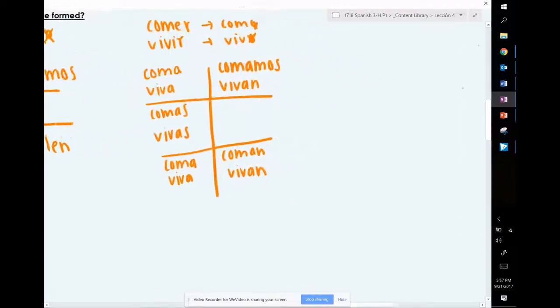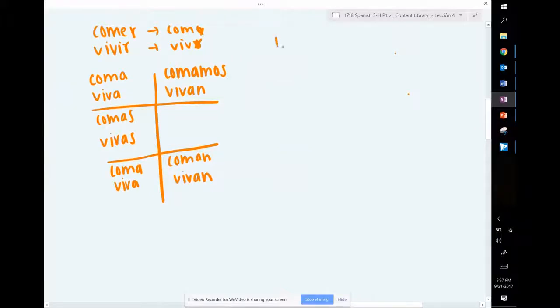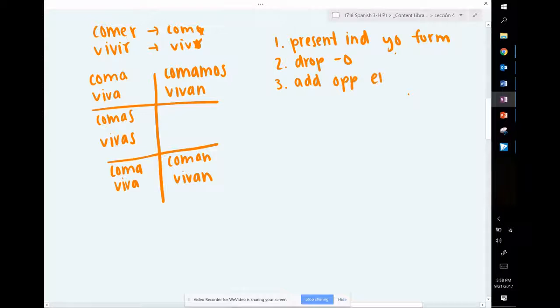So again, to form the present subjunctive, step 1, go to the present indicative yo form. Step 2, drop the O. Step 3, add opposite ending.